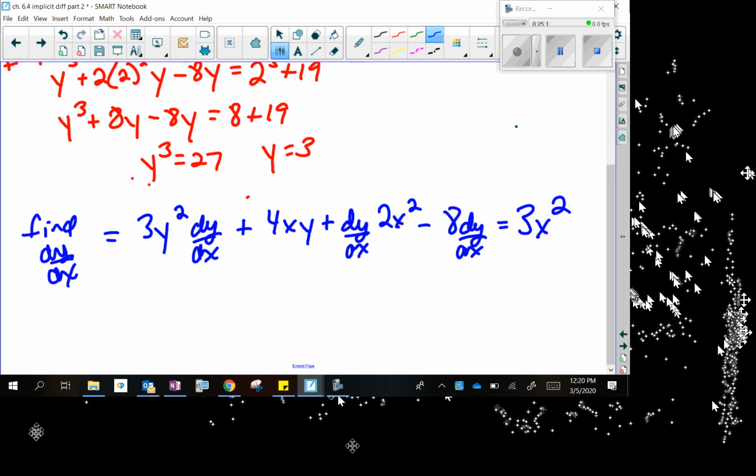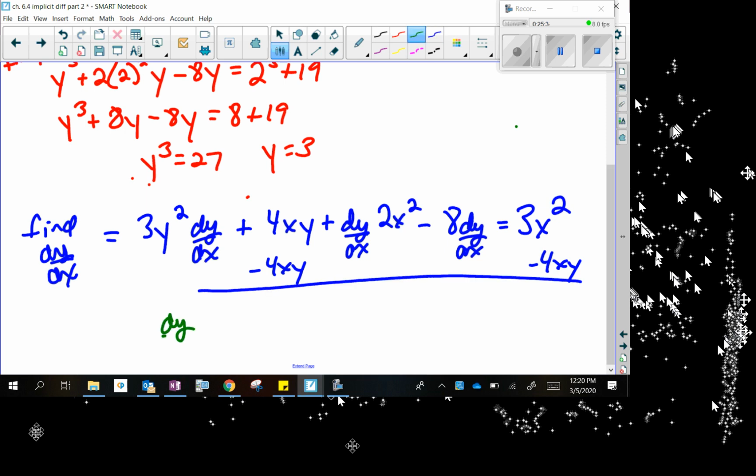Now again, we can plug in at any time. I would rather collect the dy/dx's on one side and move the other ones over, and then plug in x and y. You guys good with that? So we're going to subtract the negative 4xy, and take the dy/dx out.